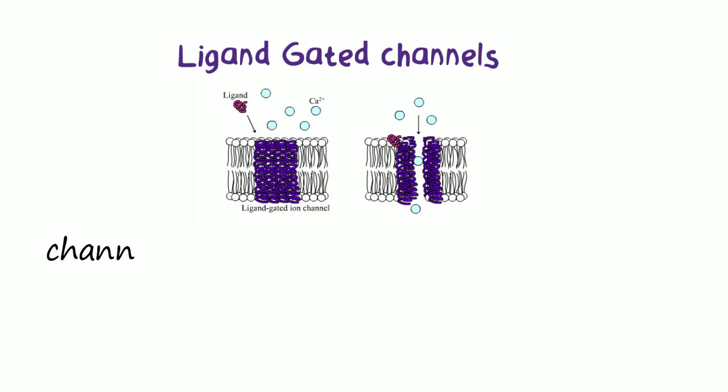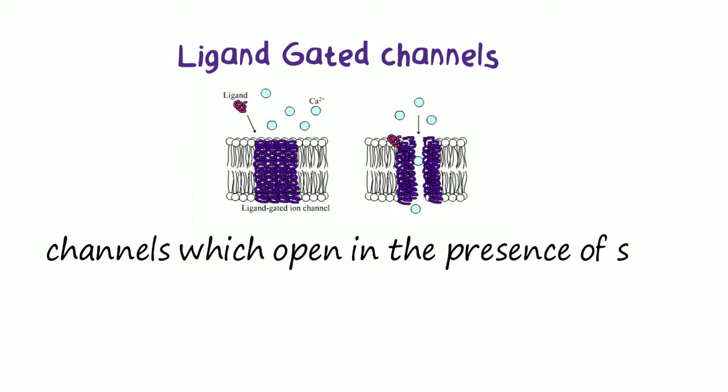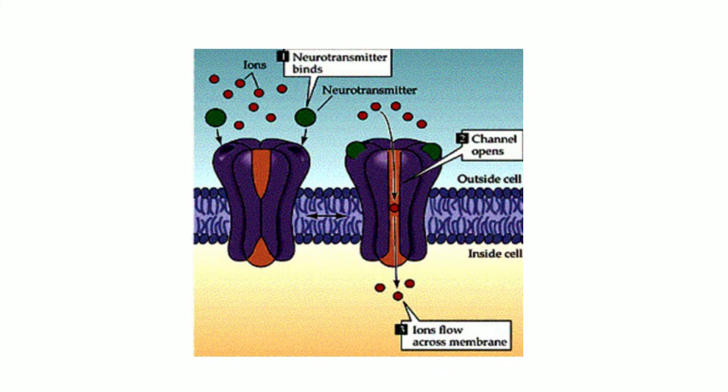While the ligand-gated channels are those that open when there is presence of some hormonal substances. The hormonal substances are the ones that we refer to as ligands, and the channels are called the ligand-gated channels. The example we can give here is the transmission of an impulse through the neuromuscular junction, where acetylcholine is released from the vesicles.